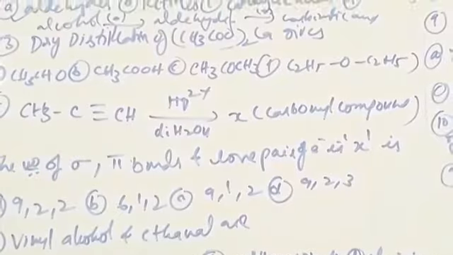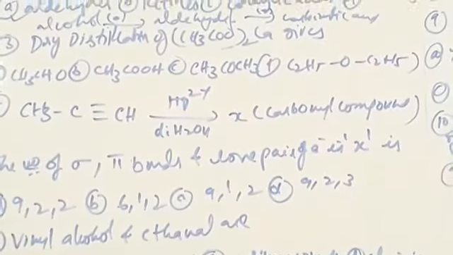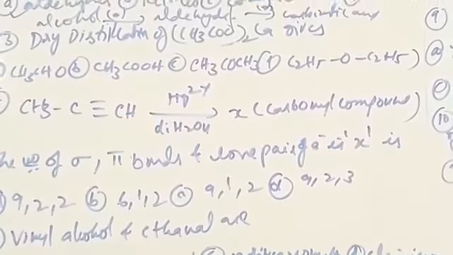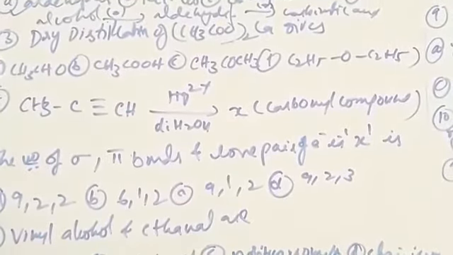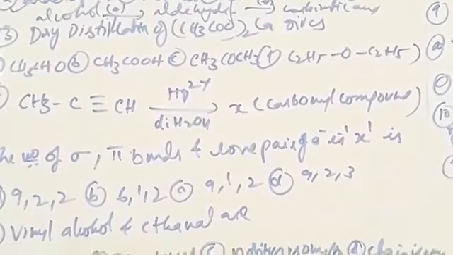Next, dry distillation of calcium acetate gives. So this is a preparation method of acetone. So if calcium acetate undergoes dry distillation, we get acetone.